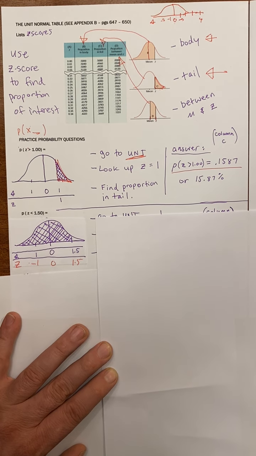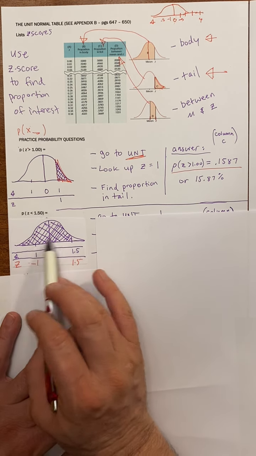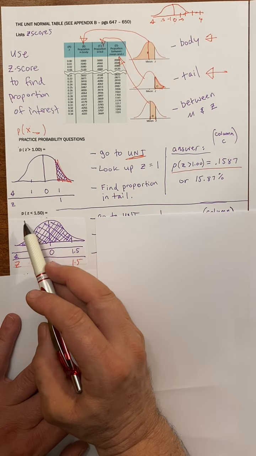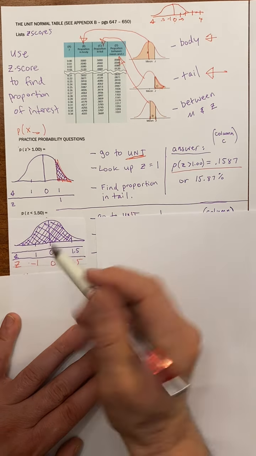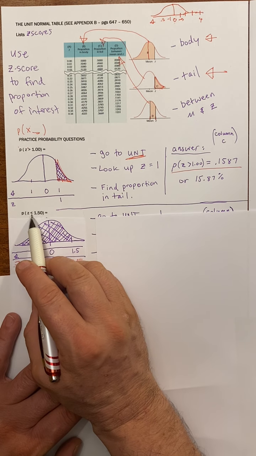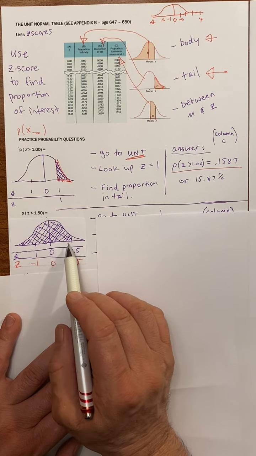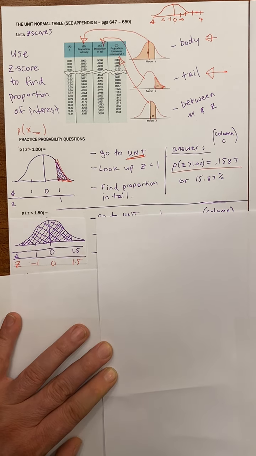From there, you'll notice that when you look at the curve, I've shaded most of the curve. Why have I shaded most of the curve? Well, because the question is asking, what's the probability that I'm going to reach in, pull a z that's less than that 1.5, right? So if it's less than, what's the probability that I'm going to pull a z in this part of the curve?